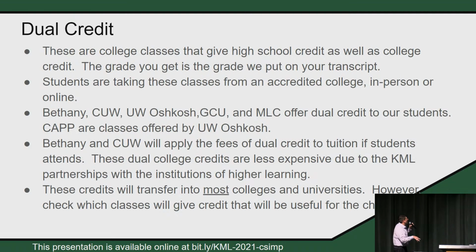The other thing that you have to keep an eye on with dual credit is how they will transfer in. An anecdotal example. If your child would take certain math classes and then go to MSOE to study engineering, MSOE may say, great, you get those college credits, but we still want you to take our calculus.